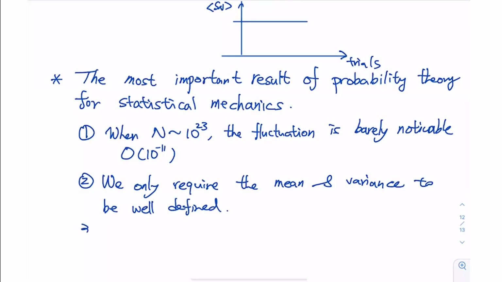And I think this is a very good example that is controllable, and we can observe why n going to infinity actually simplifies our problem.